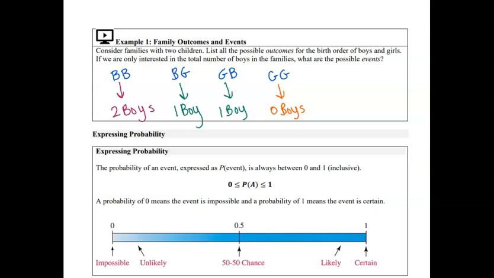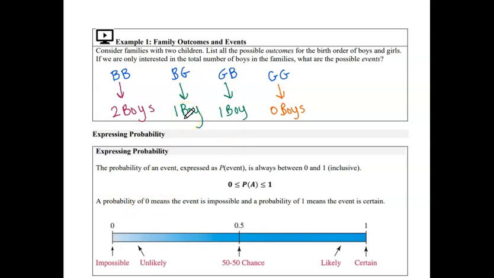The event 0 boys consists of the single outcome, which is this one, right? This is a single outcome. The event 1 boy and 2 boys. The event 1 boy consists of the outcomes of these 2.